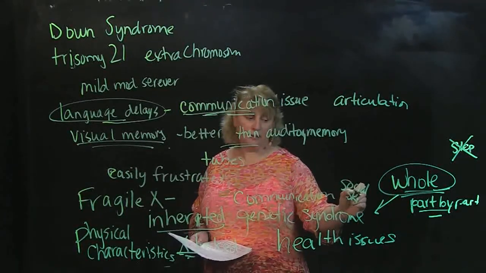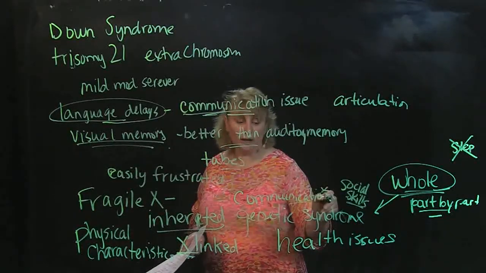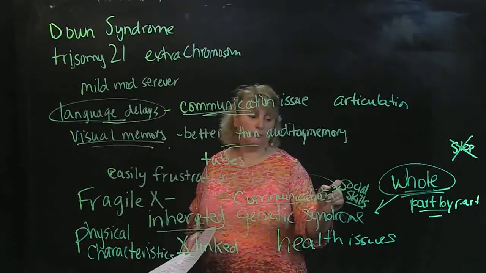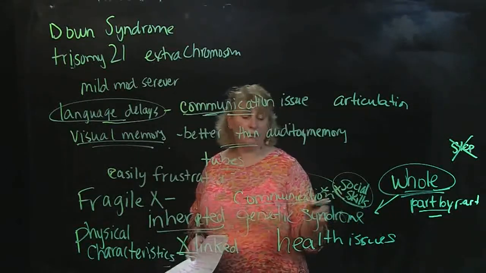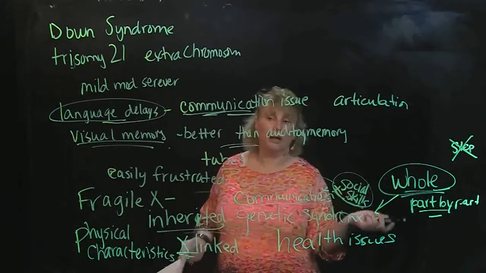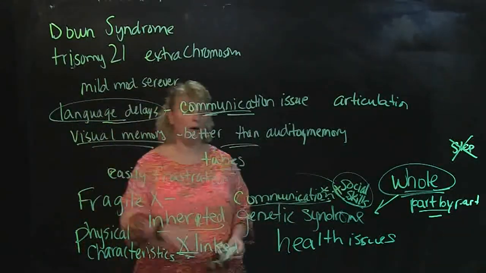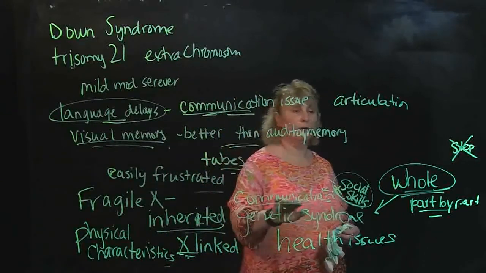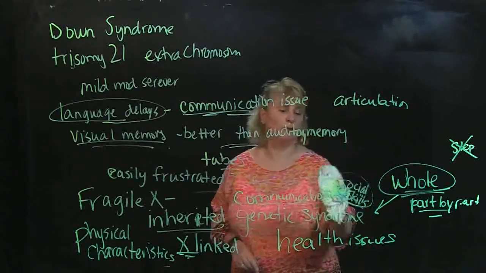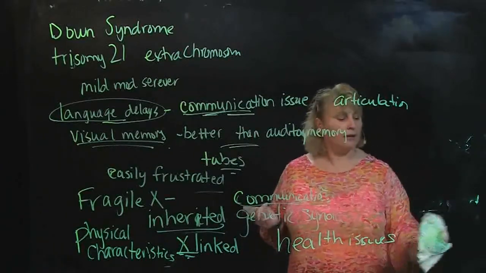When you see a Fragile X student having problems, it's because they can't communicate their wants and their needs. When this becomes a problem, they have problems with social skills because they're not able to effectively communicate what they're wanting or needing, and that presents a problem behaviorally. A lot of our students have problems communicating their wants and needs, and once that becomes a problem, their behavior becomes a problem because they're not able to tell people, hey, I was playing with that, I want that.